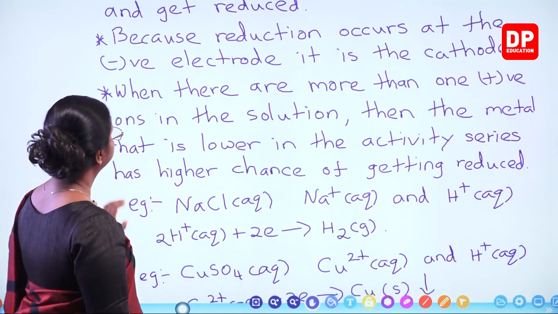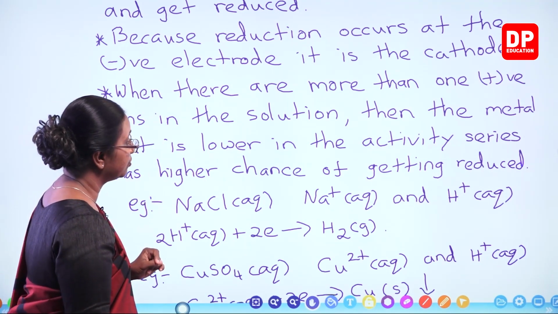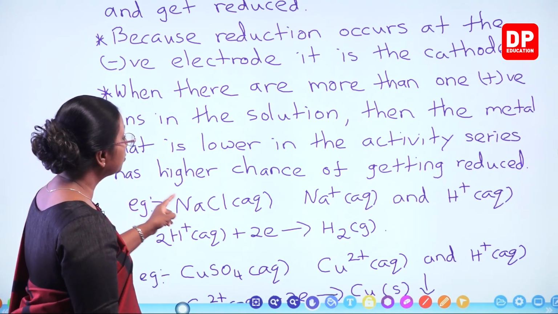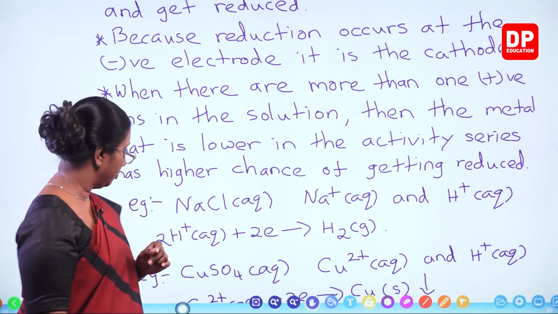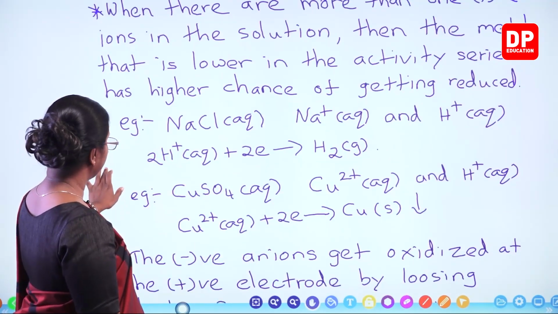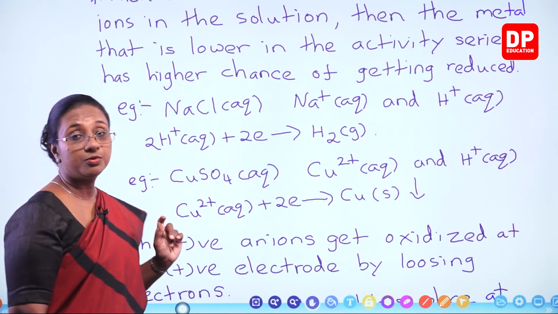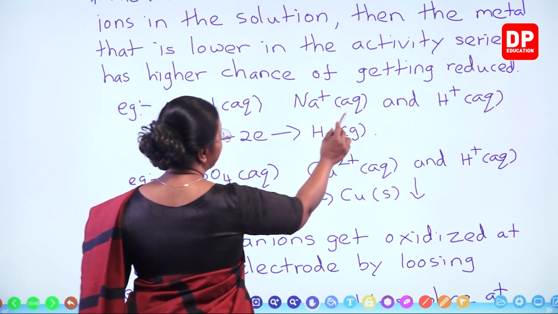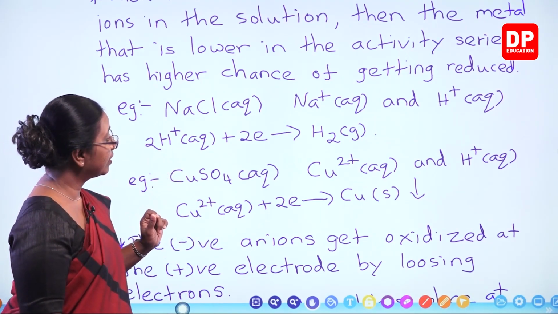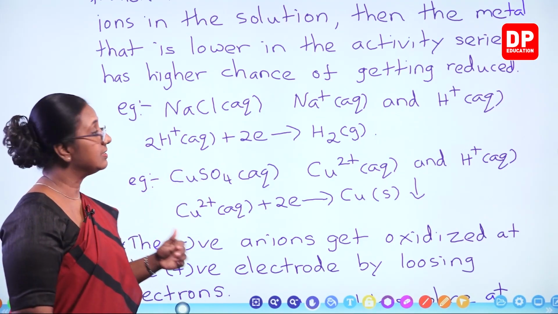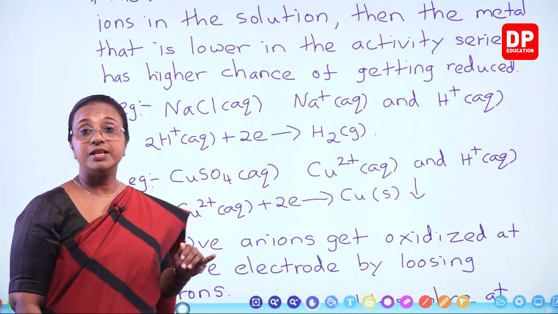Then the next one. When there are more than one positive ions in the solution, then the metal that is lower in the activity series has higher chance of getting reduced. As examples, we looked at two examples. When we electrolyze sodium chloride aqueous, there is Na plus aqueous and H plus aqueous. Out of those, H plus aqueous, because that is lower in the activity series, is less reactive than sodium, that undergoes reduction.